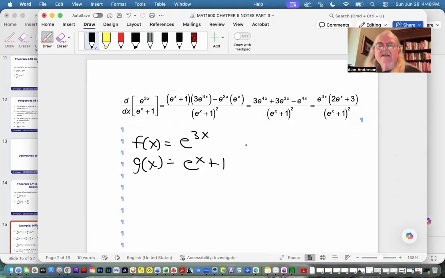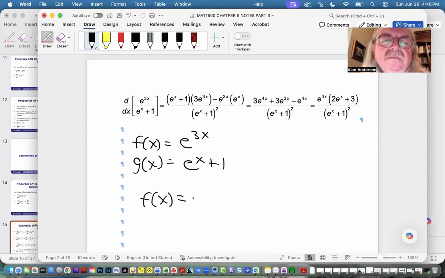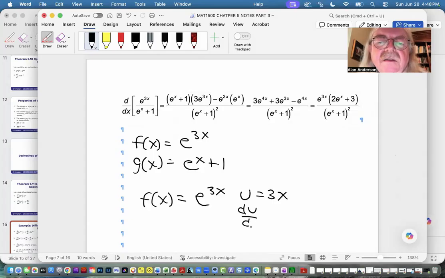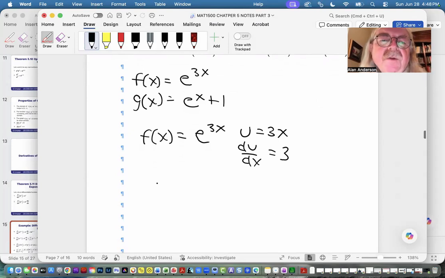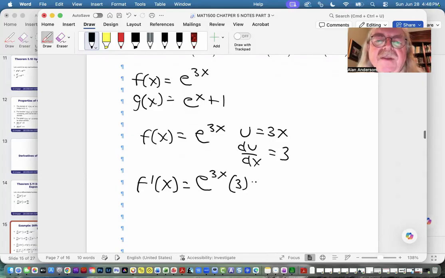Now, keep in mind, this one is e to the u. So if we let u be 3x, du dx is 3. So f prime of x is e to the 3x times 3.